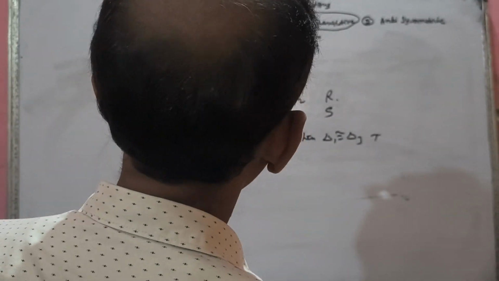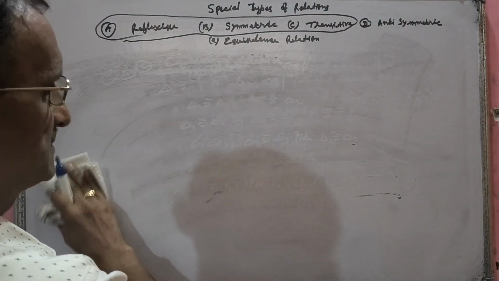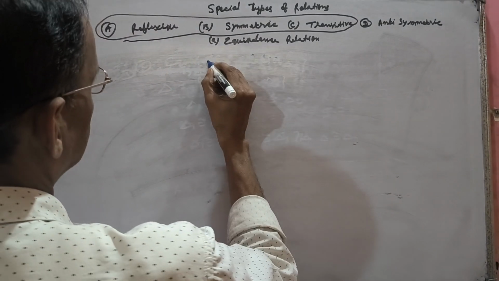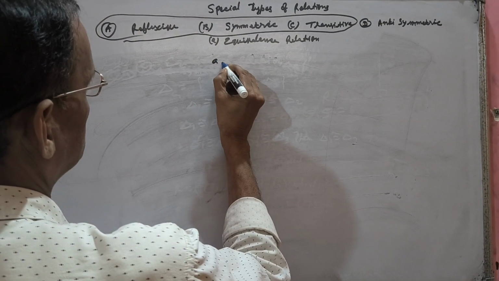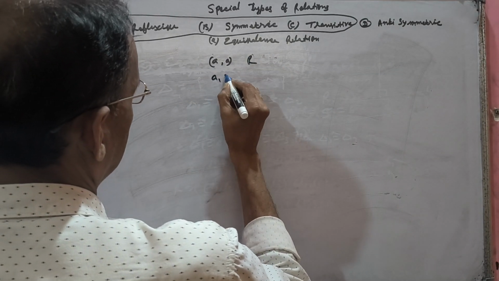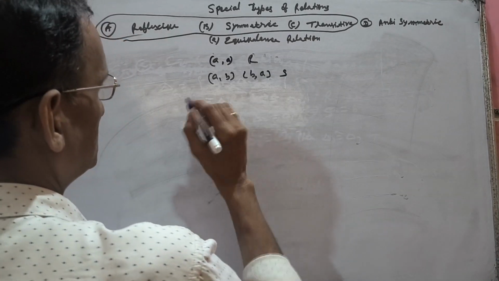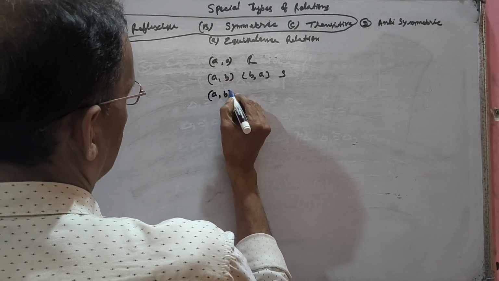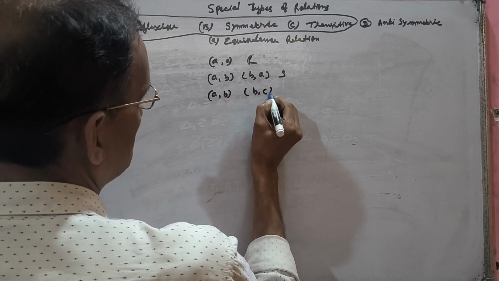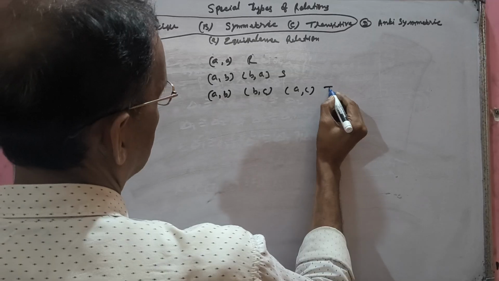Understood that these are special types of relation. If (A, A) belongs to R, this is reflexive. If (A, B) is there, then (B, A) is also there, hence symmetric. If (A, B) is there and (B, C) is there, then (A, C) should be there; then transitive.